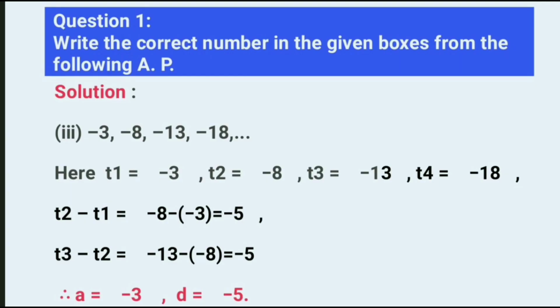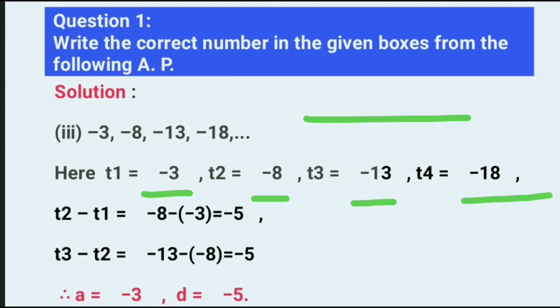सब क्वेश्चन 3 देखेंगे। -3, -8, -13, -18 and so on is the given AP. Here T1 is equal to -3, T2 is equal to -8, T3 is equal to -13, T4 is equal to -18. So T2 minus T1 is -8 minus -3.